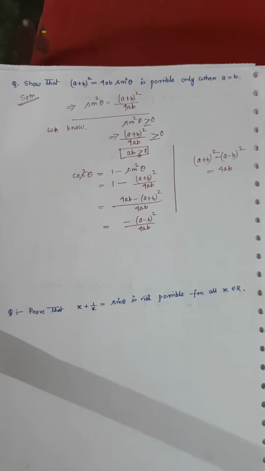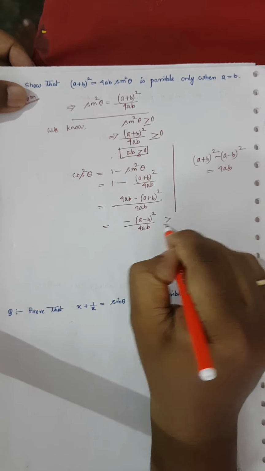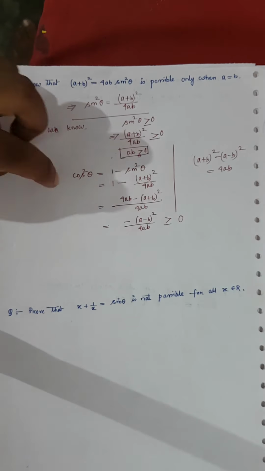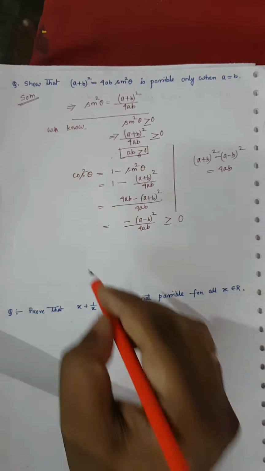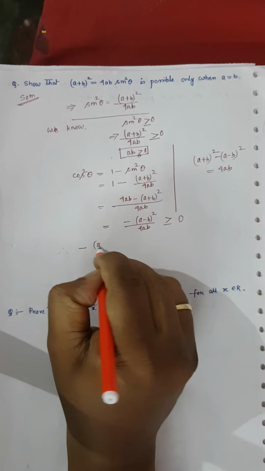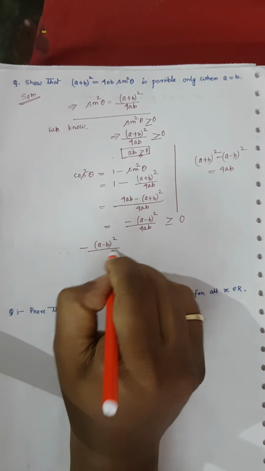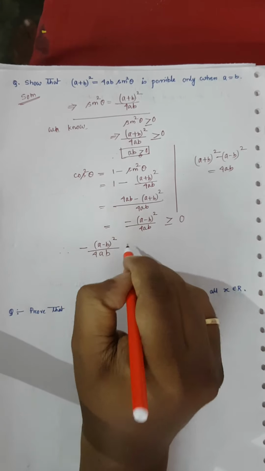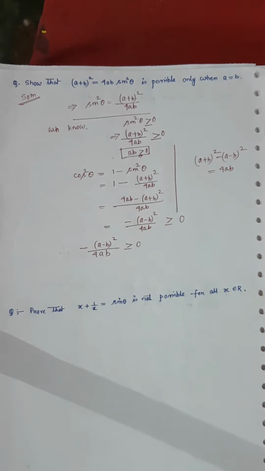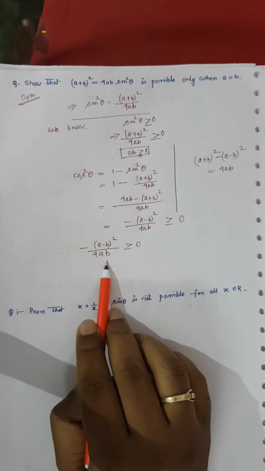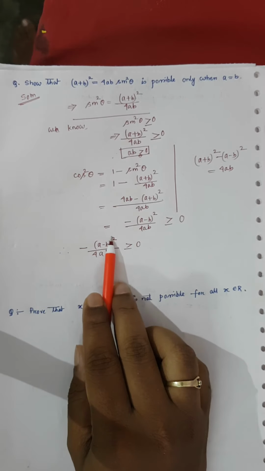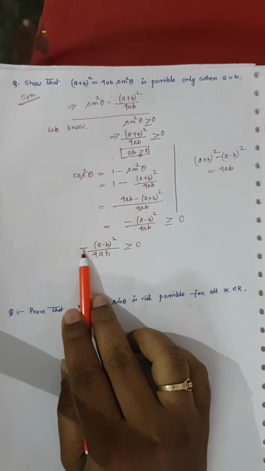After squaring, a real number becomes positive. So this must be greater than or equal to 0 because cos square theta is always positive. So we are getting minus of a minus b whole square by 4ab is greater than or equal to 0. See, ab is positive, a minus b whole square is positive, and before it I am getting a negative sign.